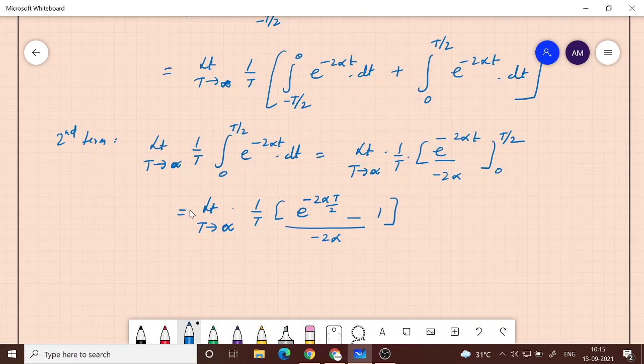So notice that t is positive. As we apply this limit, what will happen? E raised to minus infinity will go to 0.